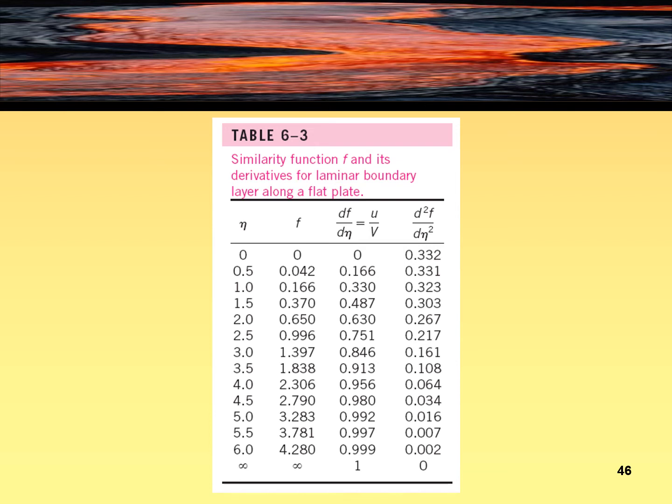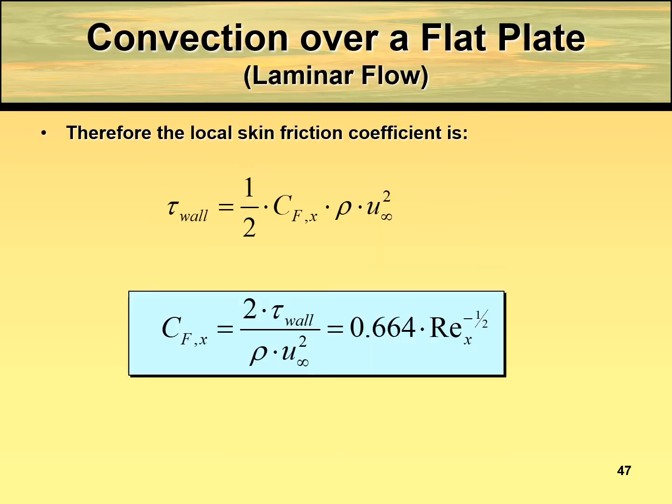Similarly, the function f and its derivatives for the laminar boundary layer along a flat plate are given by this table. Thus, the local skin friction coefficient can be determined by this equation, which is given by 0.664 times the Reynolds number to the power of negative 1/2.